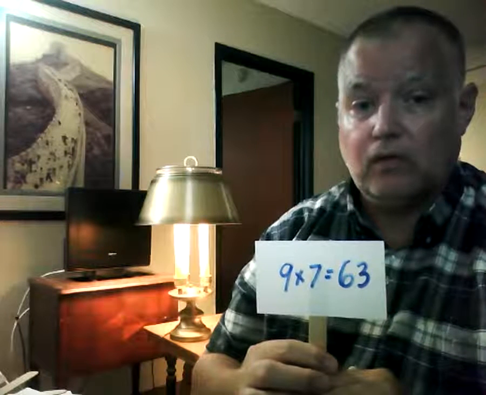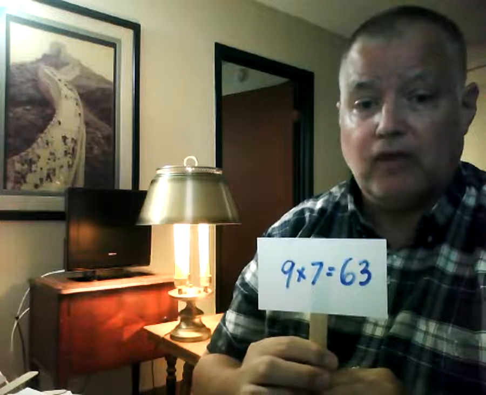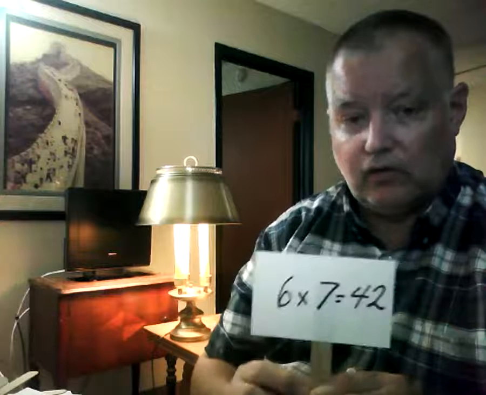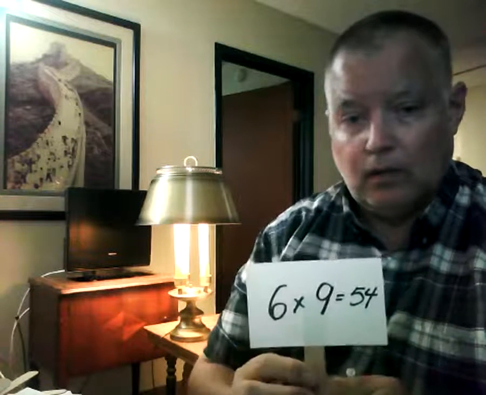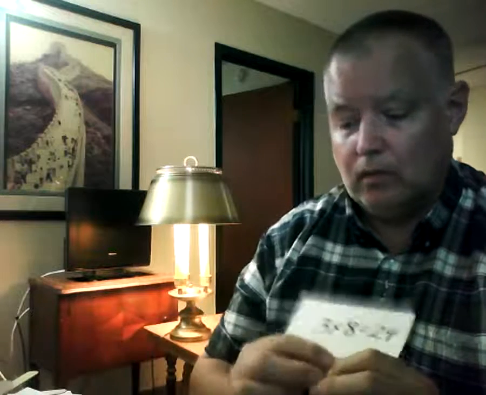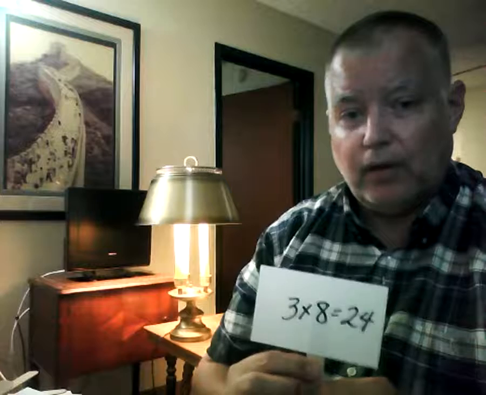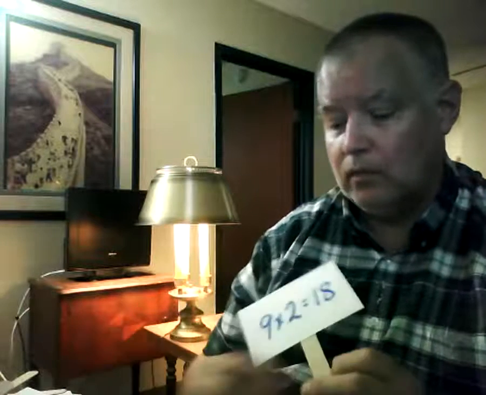I don't know if they were for mental health or the FBI or who it was, but they were chasing him down, physically chasing that man, and him in his 60s or 70s. 9 times 7 is 63. 6 times 7 is 42. 6 times 9 is 54. 3 times 8 is 24. 9 times 2 is 18.